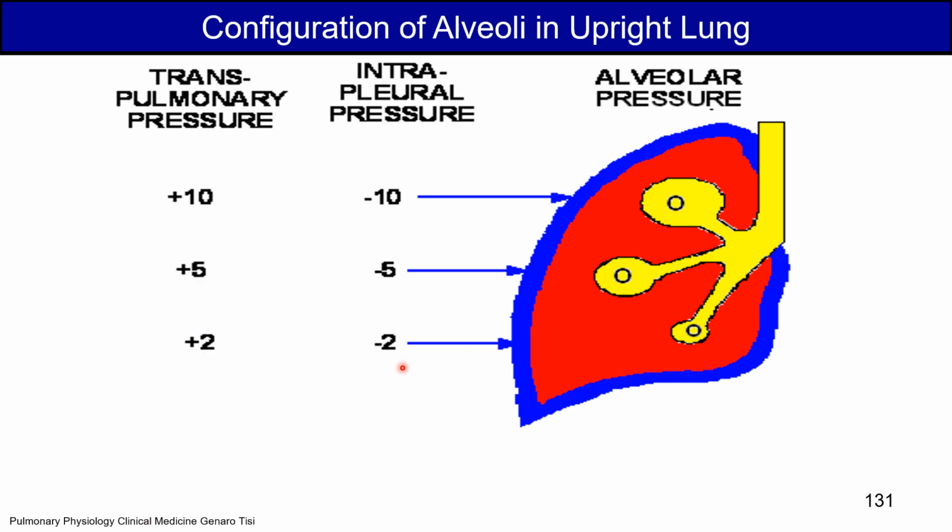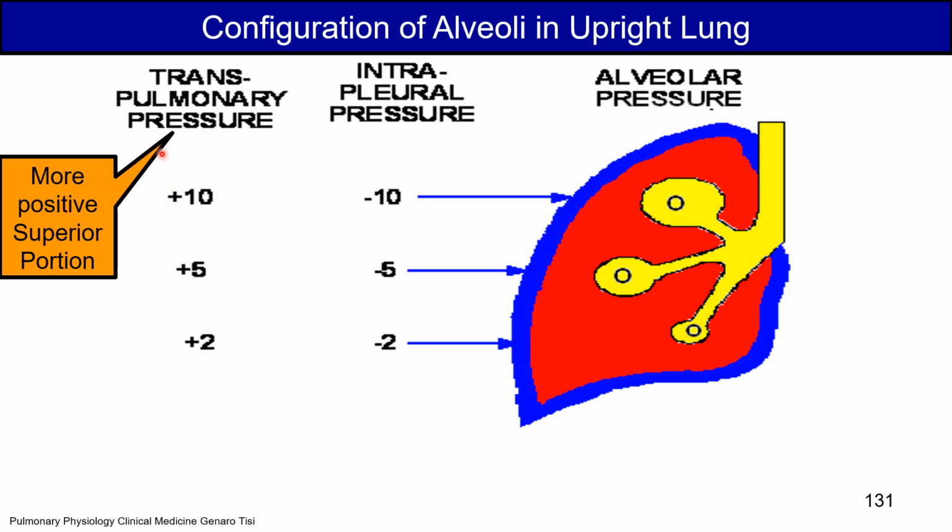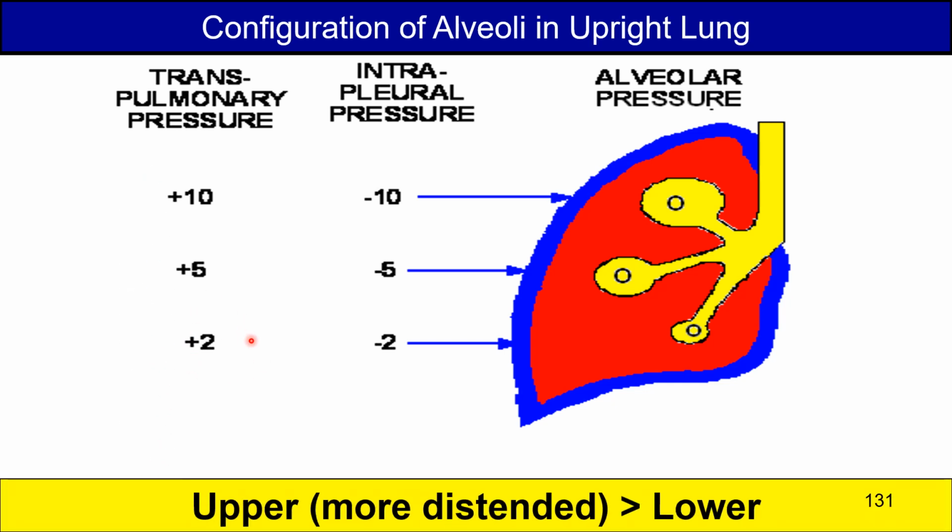If we compute the transpulmonary pressure, 0 minus minus 10 is plus 10, and 0 minus minus 2 is plus 2. Due to the effect of gravity, the transpulmonary pressure is more positive in the upper lung zones compared to the lower lung zones. Because of this, the upper lung zone alveoli are more distended than the lower lung zone alveoli.